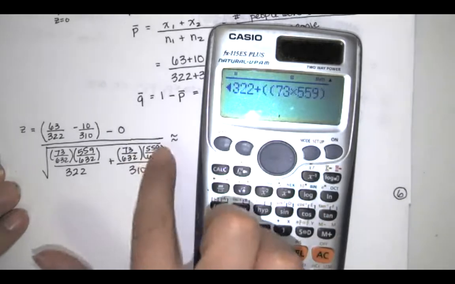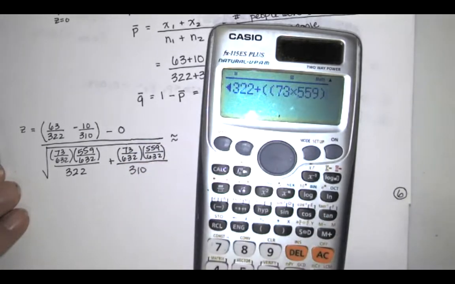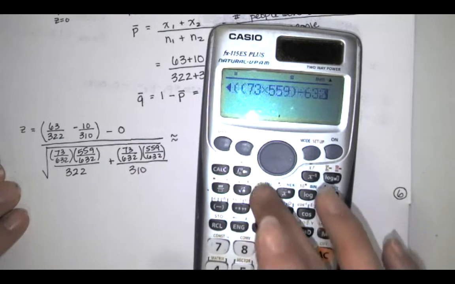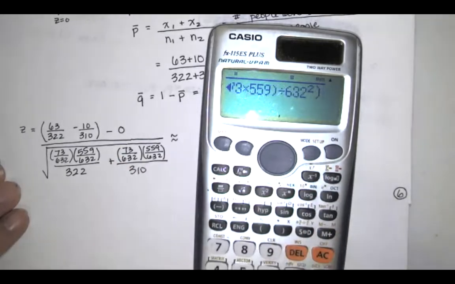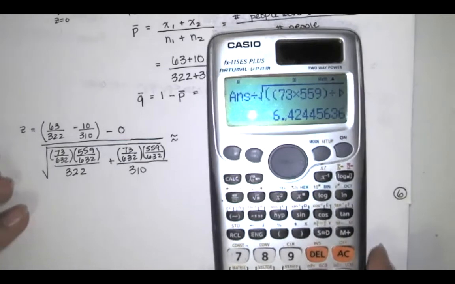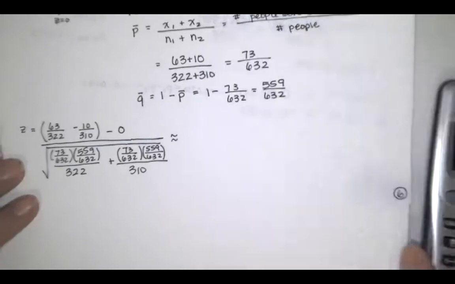Close parentheses for the numerator, and then we're dividing by 632 squared. And then I want to take all of that and divide by 310. All right, so we get 6.42 standard deviations above the mean.